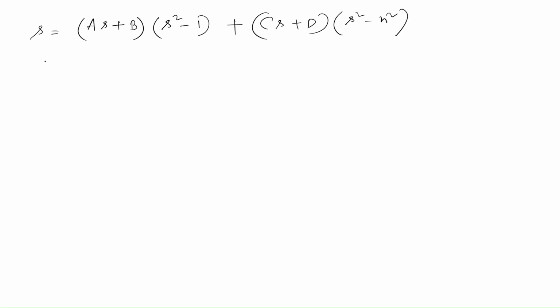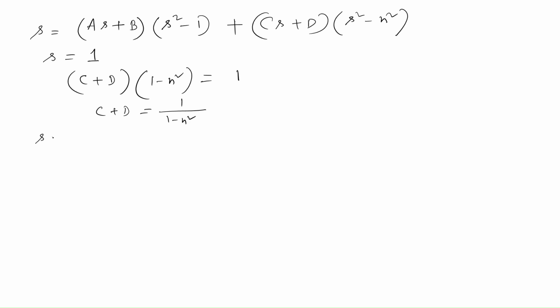Now let us take s as 1. So we'll have this term as 0 and here C plus D, and here s is 1, so 1 minus n square, right hand side 1. So C plus D is 1 by 1 minus n square.